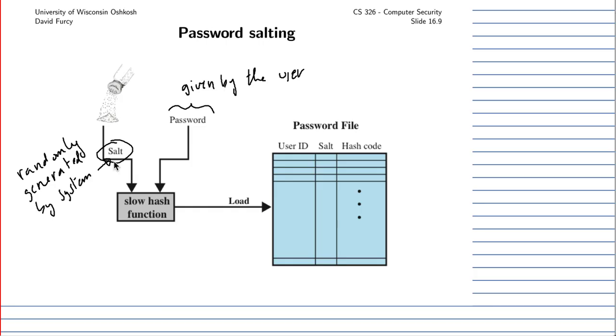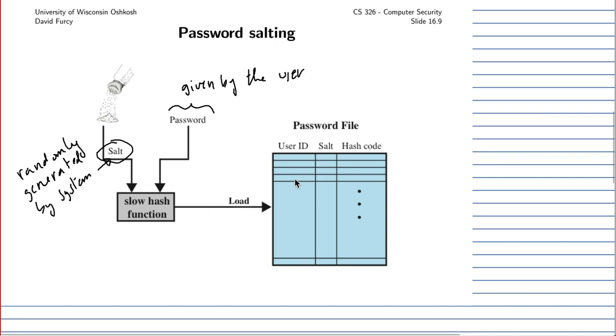So what's going to happen is those two values are going to be concatenated with the salt followed by the password or vice versa. In terms of order, it doesn't matter for us. This resulting concatenated string is going to run through a hash function, and the output will be a hash code that will then be stored into the system password file.